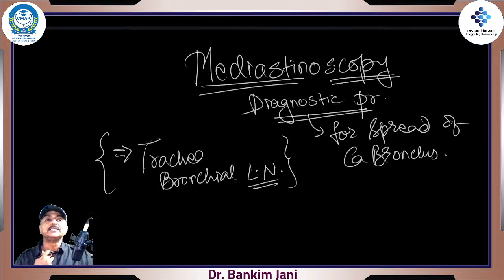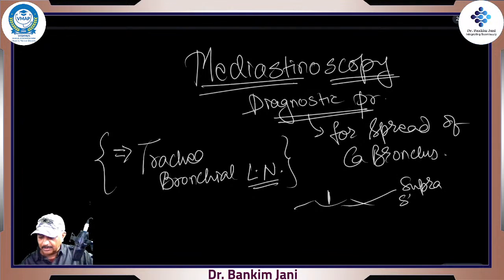So a small incision is made in the midline, just above the suprasternal notch, right? This is the sternum, suprasternum. That's where a small cut is made. Why do we put a cut over here?